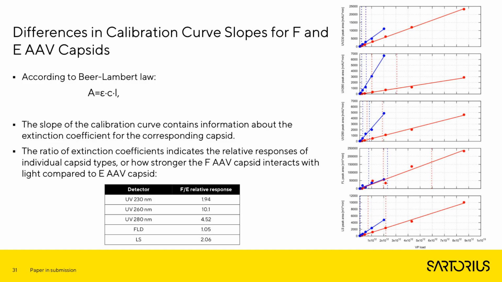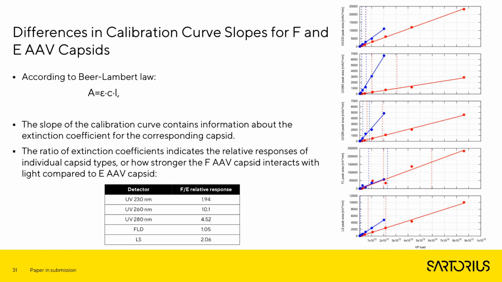And if we calculate these values, we see that for UV at 230 nanometers, the fulls are absorbing approximately 2 times more light compared to the empties. At 260, because of the strong absorption of nucleic acids, the absorption of fulls is 10 times stronger compared to the absorption of empties.